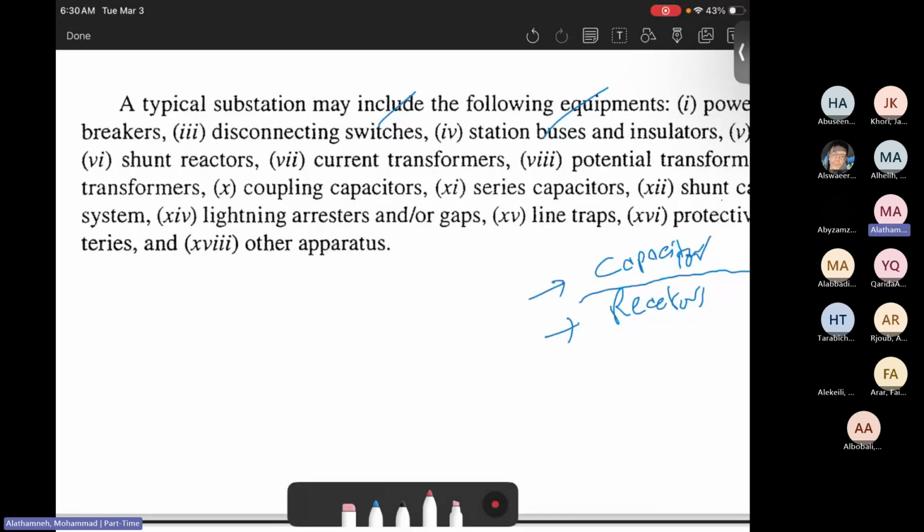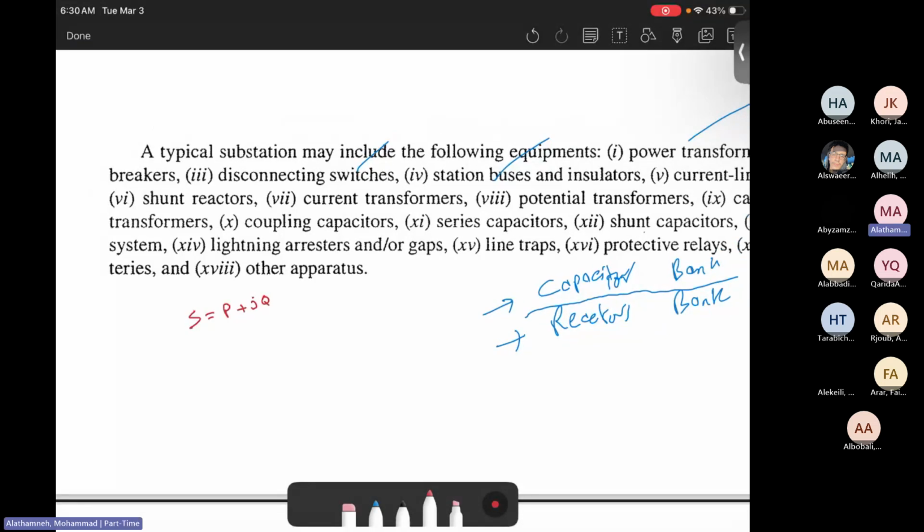Let's recall the complex power, S equals P plus jQ. And recall the loads. The vast majority of our loads are motor based, and one of the equivalent circuits of the motors is the inductor.